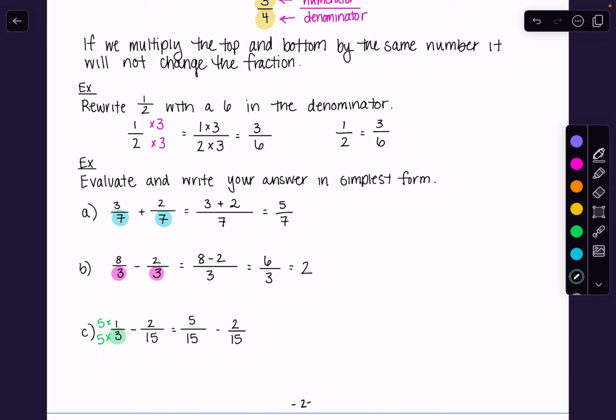And then we're going to subtract 2 over 15. And now that they have the same denominator, we just go ahead and take the first numerator minus the other. So 5 minus 2 results in 3 out of 15, okay? And again, because the directions say put this in simplest form, I'm looking at 3 and 15.